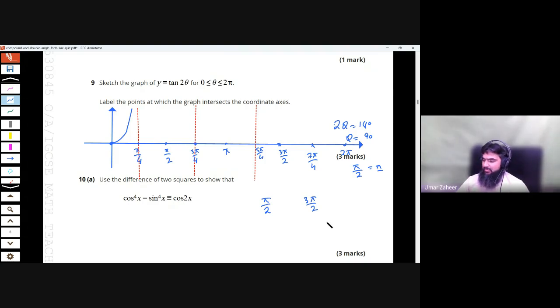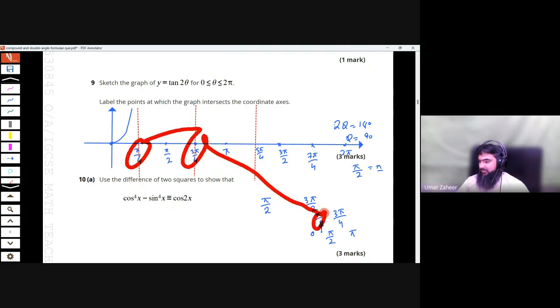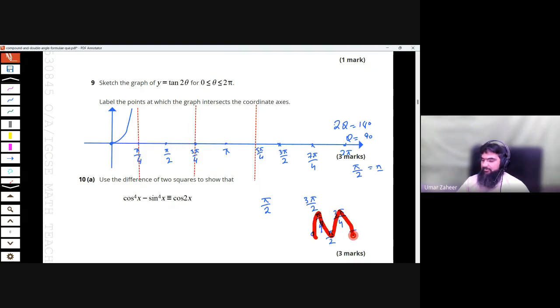Alright. Normally we have to make a portion from 0, pi over 2 and pi, right? Basically, we are taking the values between them as well. Pi over 2 divided by 2 is pi over 4. Between pi over 2 and pi, the value is 3 pi over 4. This one, this one and this one. So 1, 2, 3, 4, 5. In the same way from here 1, 2, 3, 4, 5.